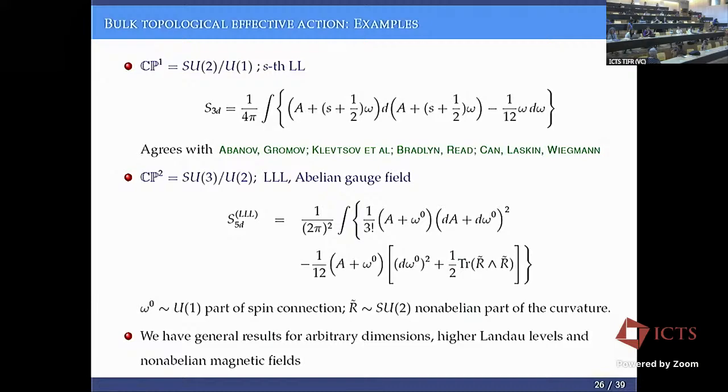Thank you for your presentation. I didn't quite understand the jump from the abelian to the non-abelian case. You replaced the curvature by something, by R twiddle. Is that right?